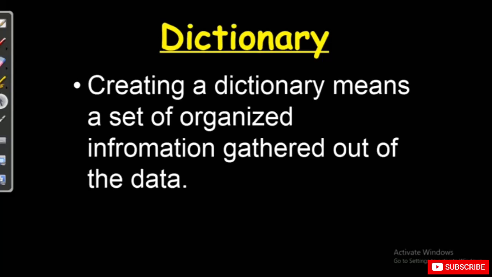So we are on to our dictionary part. Well, what is a dictionary? Well, it's just a set of organized information that is gathered through the data. Like, we can have the name, we can have the age, any number, the address, maybe occupation.